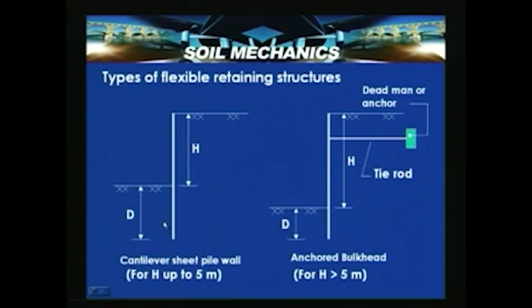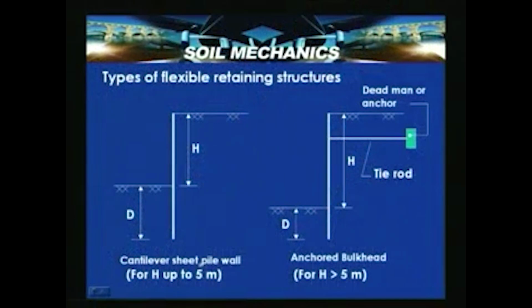The stability of the wall depends upon the embedded depth provided in front of the wall. Particularly where there is a water environment, it must be checked from the scour point of view, otherwise scour can endanger the stability of the structure.